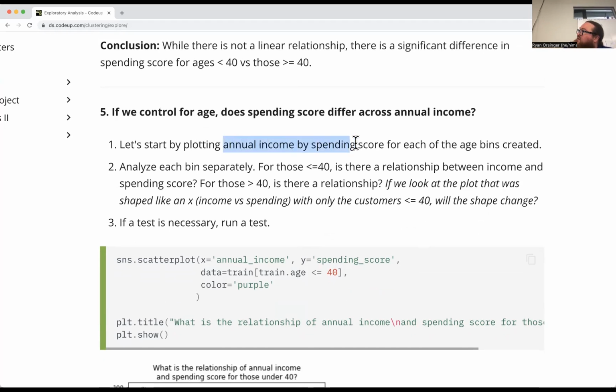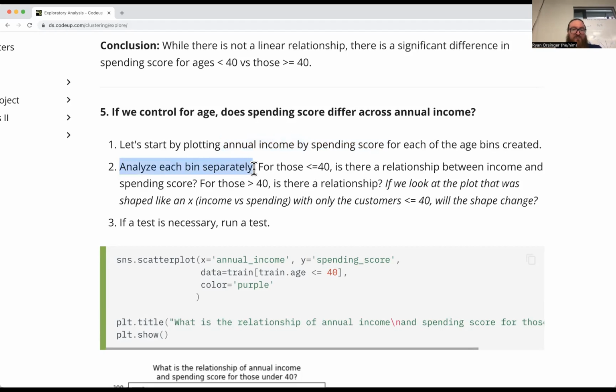We could plot out income versus spending score for each of our age bins. And if the shape looks the same, then that means that age doesn't give any explanatory value. But if the plot between income and spending score looks different on any one of these bins, then that also supports the claim that maybe there's something going on, not just with spending score, but with income as well.